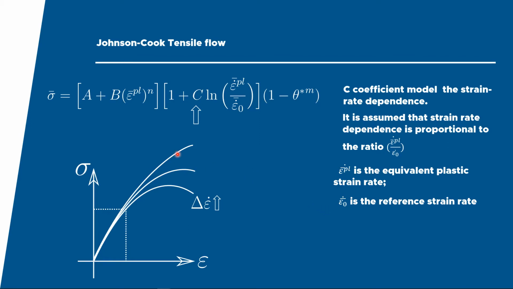So why do you have to model this strain rate dependence? Because as we know, as this scheme shows, if we grow the strain rate, or if we deform the body in less time, the stresses start to get a little bit bigger. So of course it has a big influence on the plastic evolution if we have a model that has high strain rate.